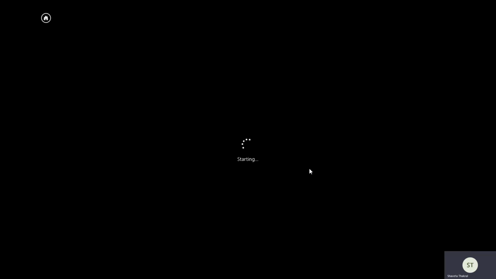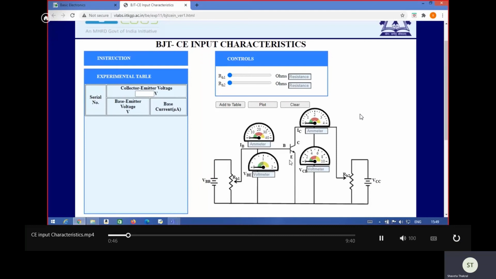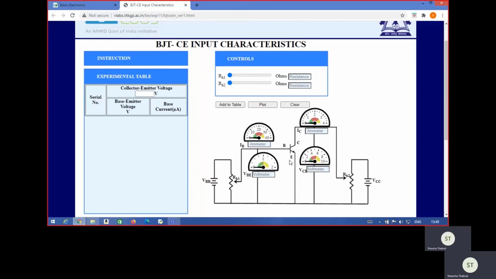To make the transistor work in the active region of operation, the EB junction should be forward biased and the CB junction should be reverse biased. So the base is on the input side and that needs to be forward biased. As it is an NPN transistor, the base is P type material.